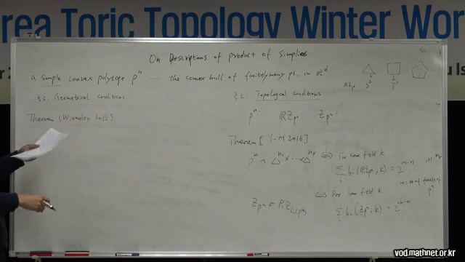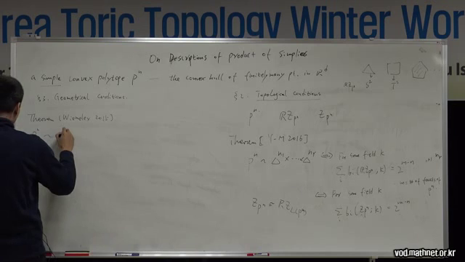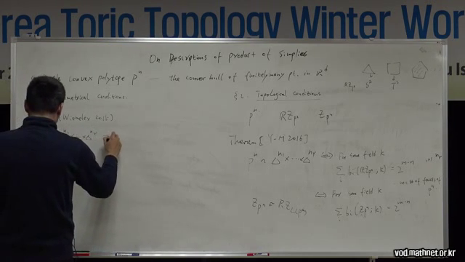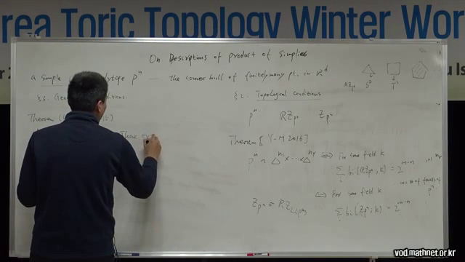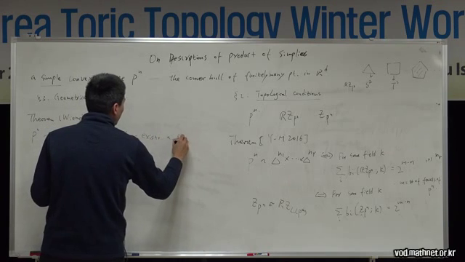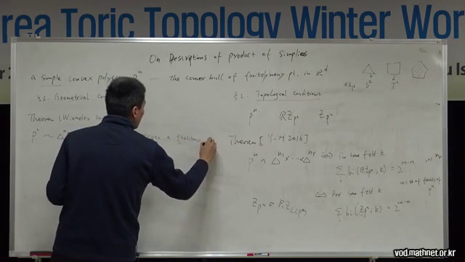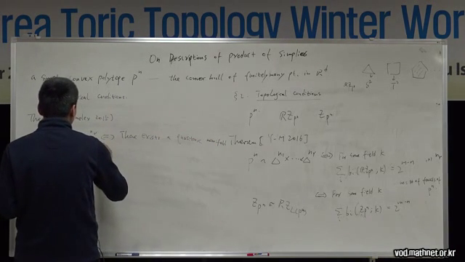In the same paper I just mentioned, he proved that P^n is equivalent to a product of simplices if and only if there exists a quasitoric manifold M^{2n} over P.